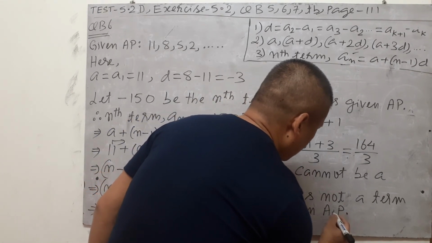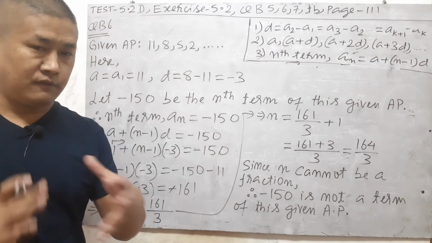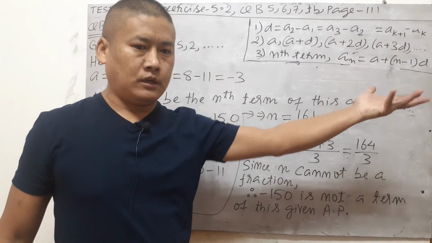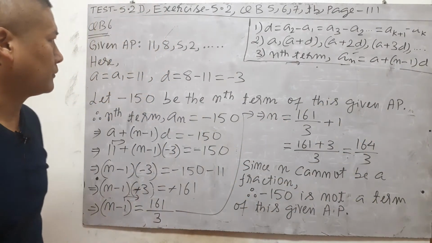I hope you got it. Number of terms of an AP can never be a fraction. It will be a definite number, a whole number like 20, 30, 40, 50, as I've been saying.